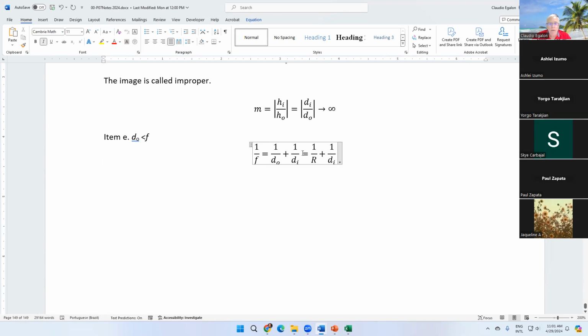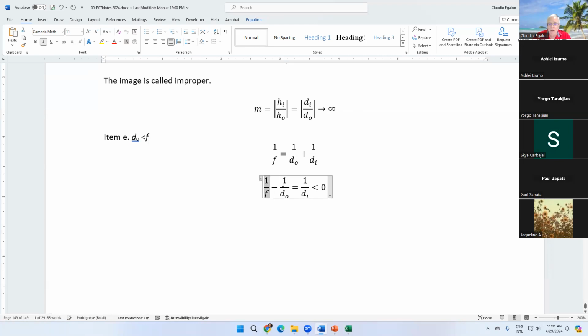Now, D naught is going to be less than F. Because D naught is less than F, when we pass the inverse of D naught to the left side, something interesting is going to happen, right? Because D naught is less than F, it means that 1 over D naught is going to be greater than 1 over F. And what does it mean? That implies that this thing must be less than 0.